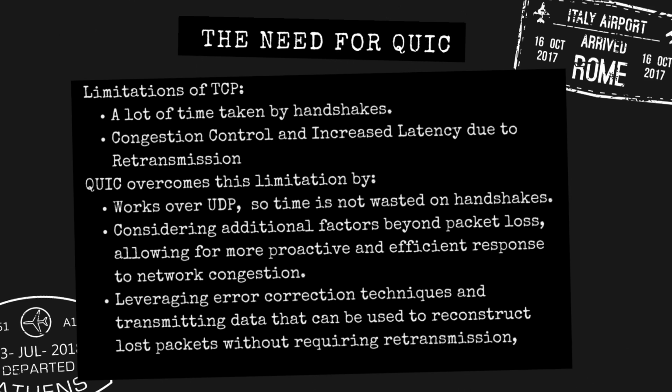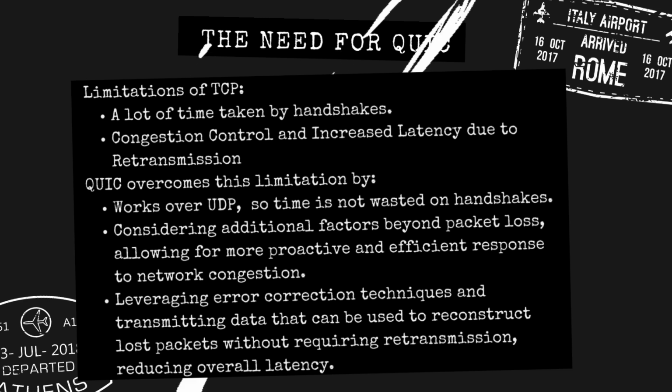Moreover, it leverages error correction techniques to reconstruct lost packets without retransmission, reducing latency and enhancing efficiency of data delivery as compared to TCP. These innovations allow QUIC to overcome TCP's limitations, providing users with a more responsive and reliable communication experience.